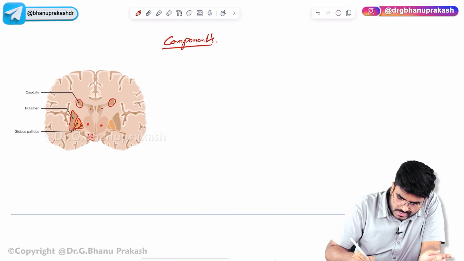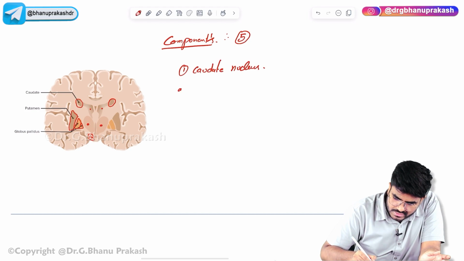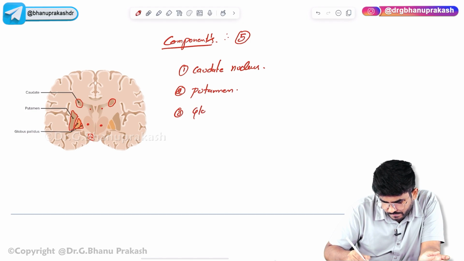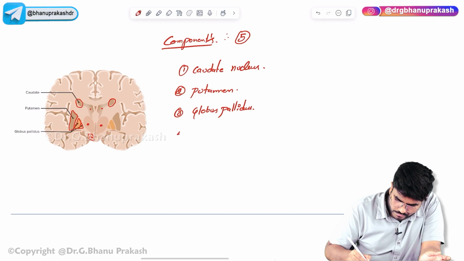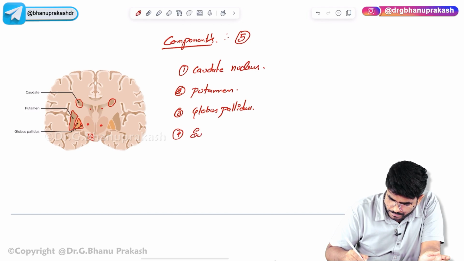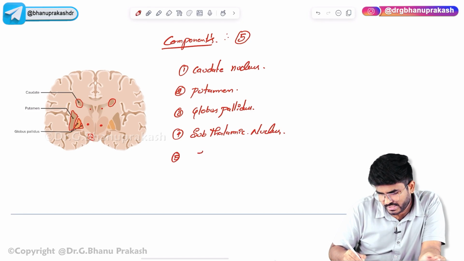There are 5 structures present. What are these 5 structures? Number 1, caudate nucleus, followed by putamen, globus pallidus, fourth, subthalamic nucleus, and the last one is substantia nigra in the midbrain.